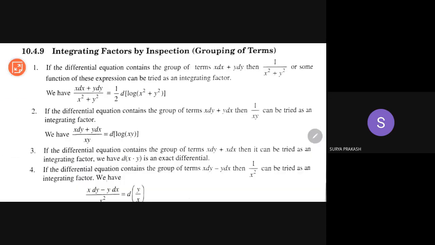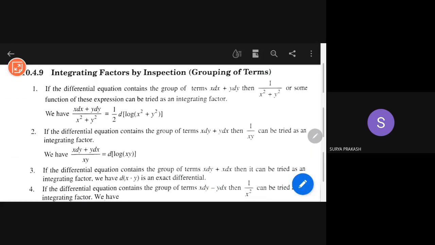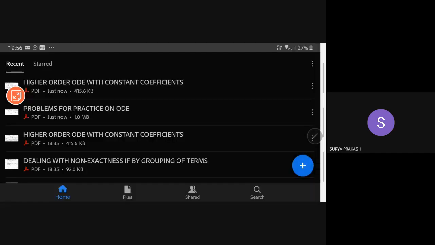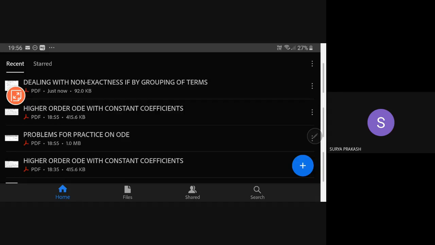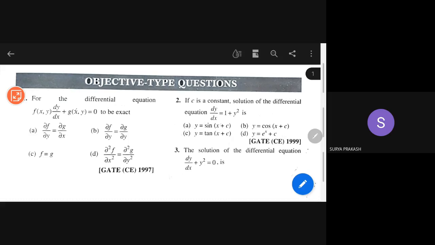I think this is the one. So dealing with non-exactness, higher order ODE with constant coefficients, just now I opened, and problems for practice on ODE, that I am opening now.